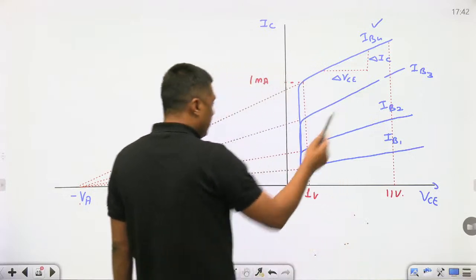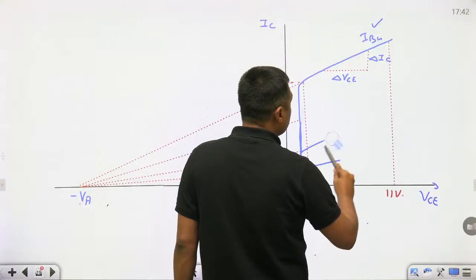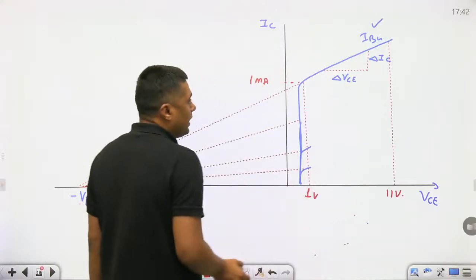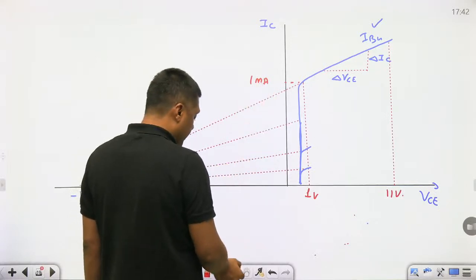If you want, you can remove all these other lines because they are not required; only constant IB, there is no change in IB, so you can keep only one line. So if VC is increased up to 11 volt, what is the value of the current you have to find? That is the question.